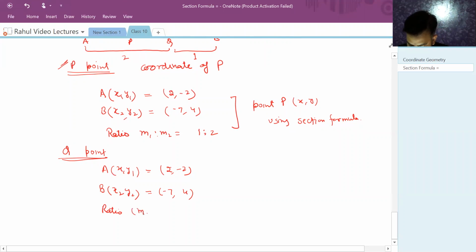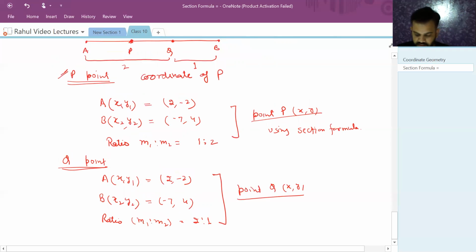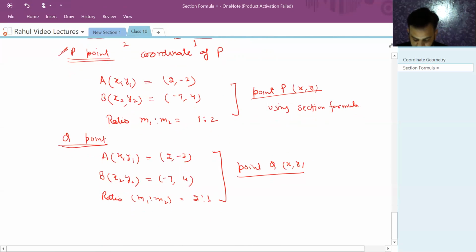Ratio will be m1 ratio m2, the 2 ratio 1 now. Then according to this ratio you can find out Q point. So these type of questions will be in the exercise. There is one example also. You have to practice yourself. I am just giving some ideas how to solve the question.